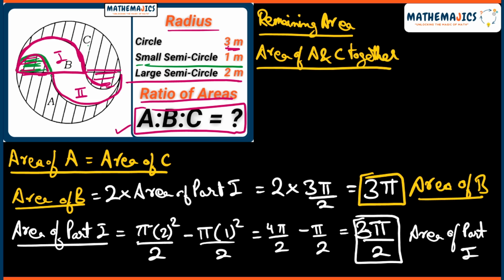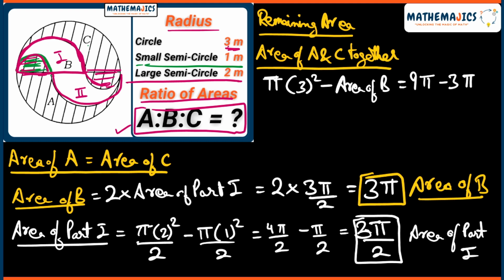We can find the area of the largest circle that is given to us. That is pi r square. Radius of the circle is 3, minus area of B. What is area of B? We just found out. That is 3 pi. Correct? So 9 pi minus 3 pi. So this will give me what? This will give me 6 pi.